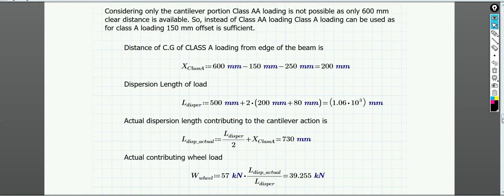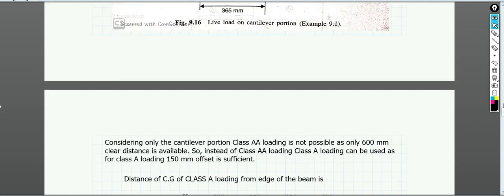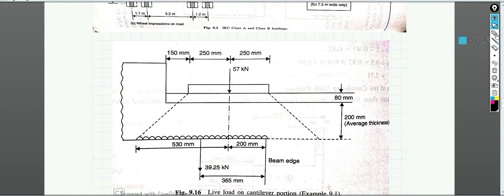So that distance will be the dispersion length plus the distance of the center from the edge of the beam. So here you can see, suppose this is the center, so this is half of 1060 mm, that is 1060 by 2, which is 530 mm, right?